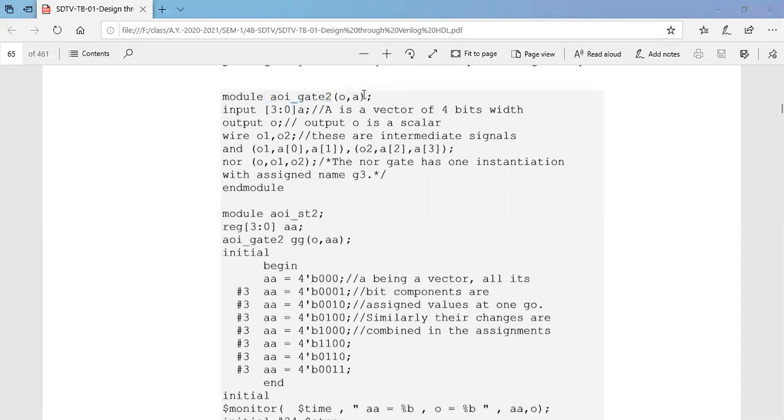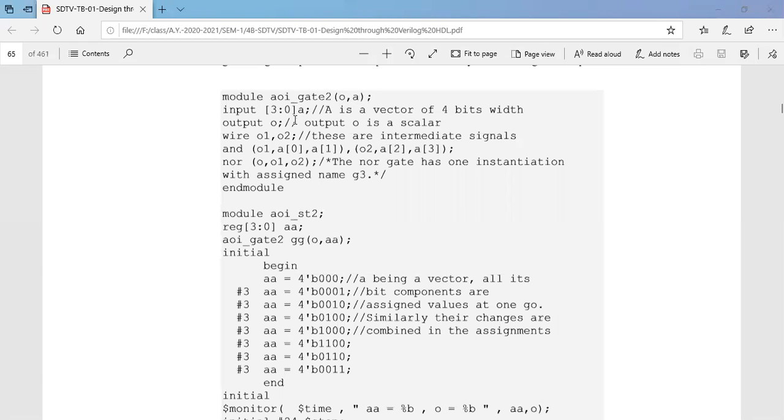For that, what is my output? My output is O, which is a scalar, and A is a vector here. So I am writing simply O as output and A as input.